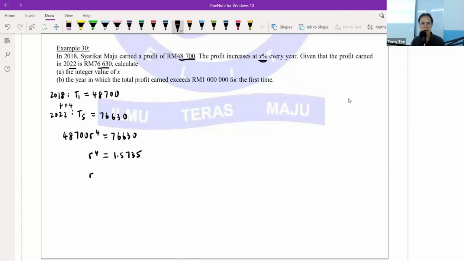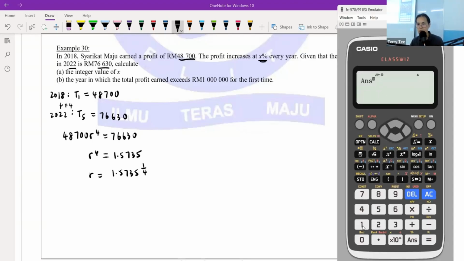To find R, you need to take this number power 1 over 4, rather similar to my question just now. You should get 1.12. Your common ratio is 1.12.